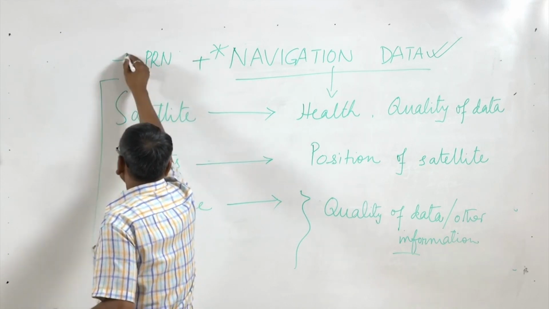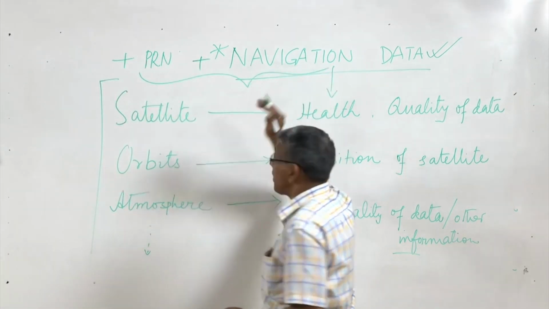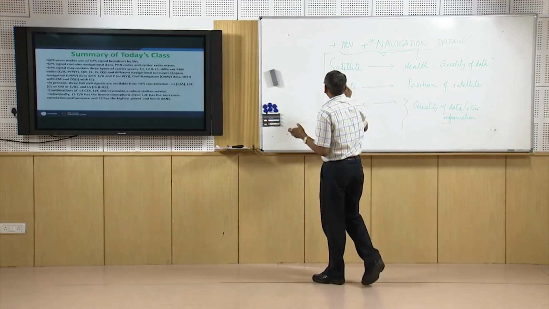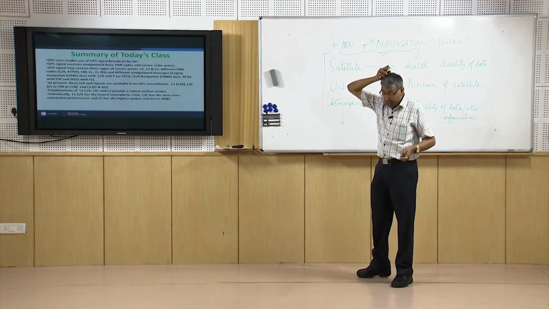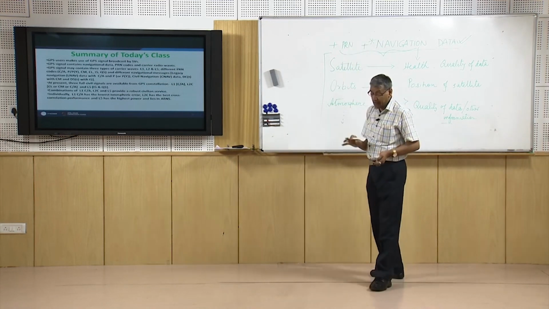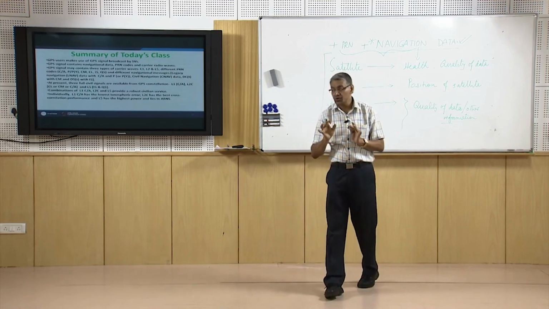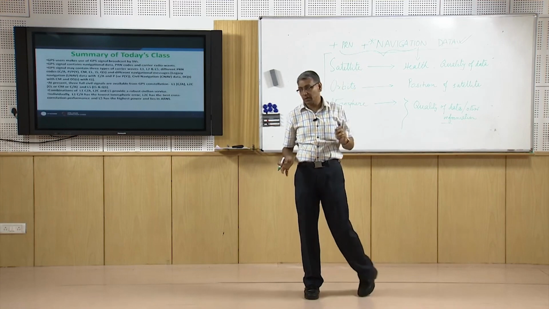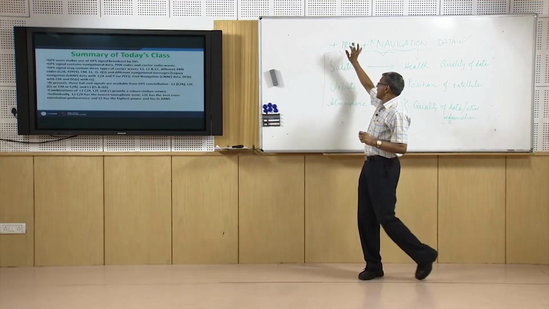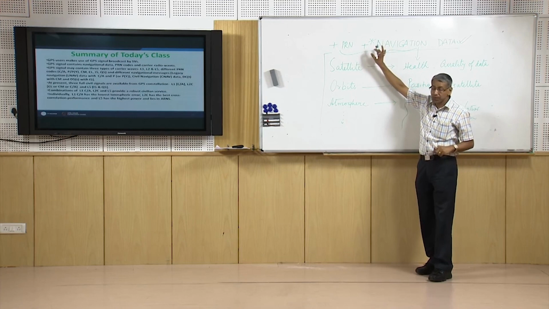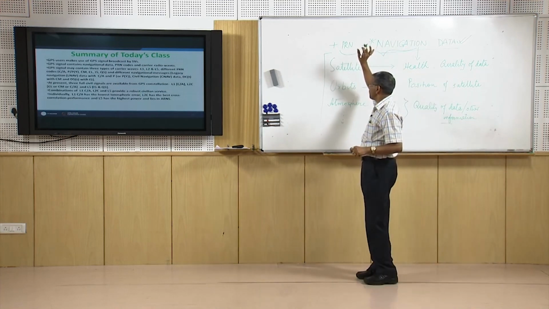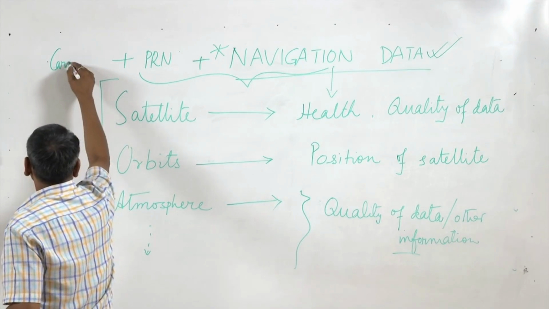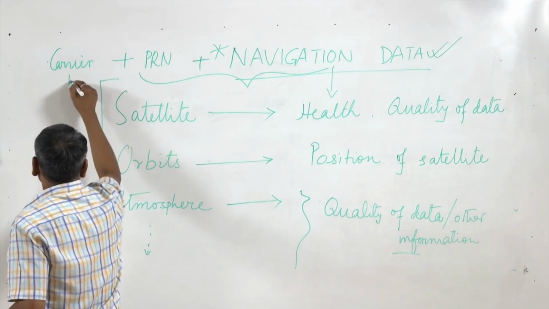These two have very low energy because they are in binary format, so to get the data from satellites to the receiver through such a huge distance of about 20,000 kilometers, we need to provide enough energy to this part of the information, which is done by making use of carrier waves.